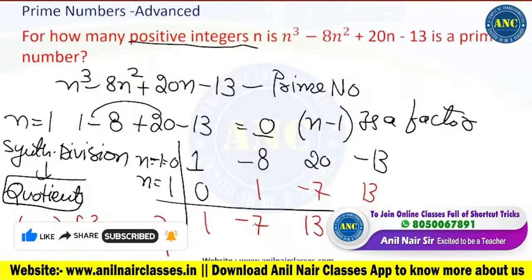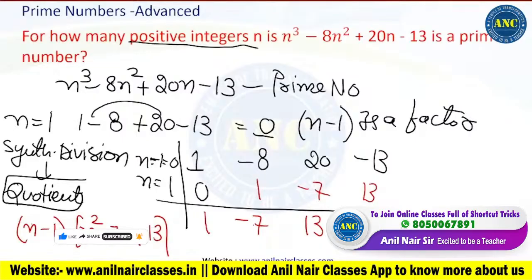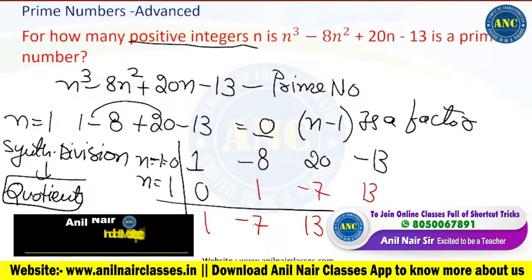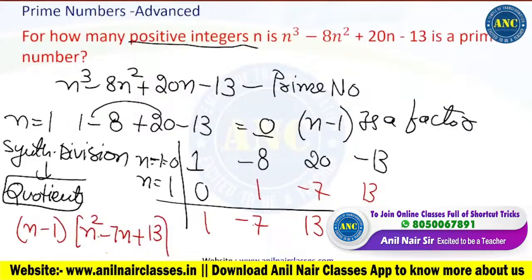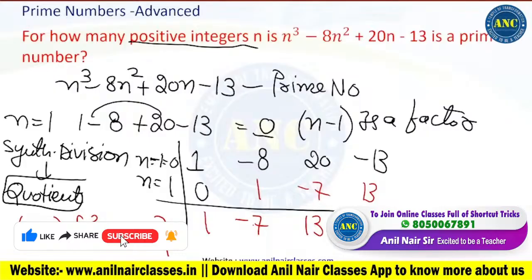Now let us check whether this expression is matching. n into n square is n cube, minus 7n square, minus n square gives minus 8n square, 13n plus 7n is 20n, minus 13.